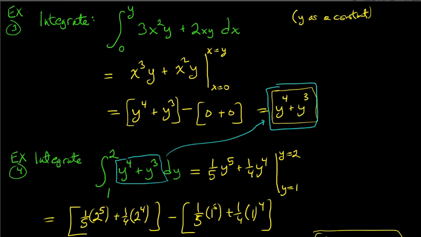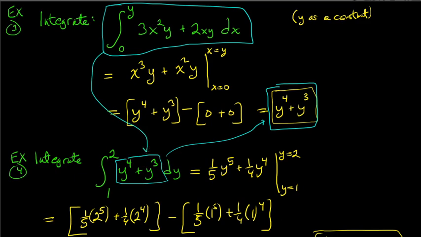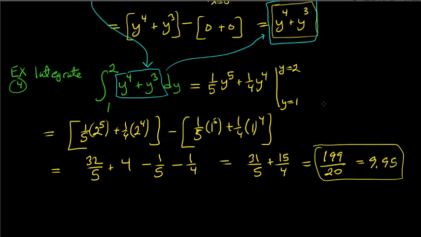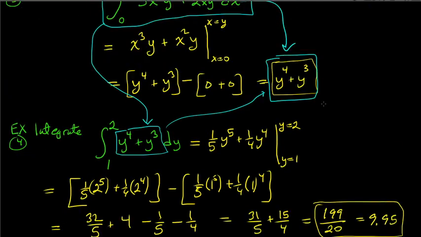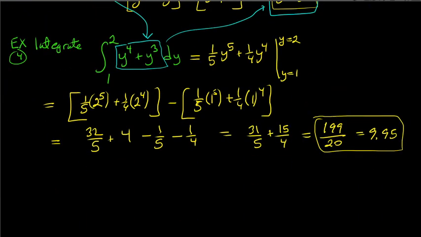So what I could do is I can replace the y to the fourth plus y cubed with this integral, right? Because this integral here ended up being y to the fourth plus y cubed, right? So I can write this all at once.